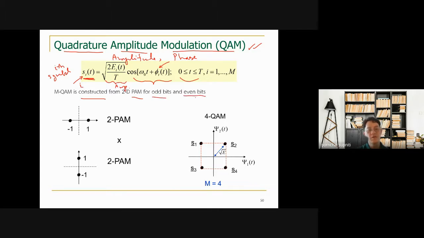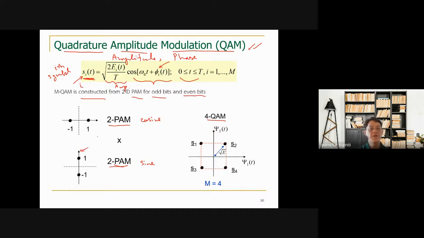That's all. So what do we do? For example, if we want to construct a 4 QAM, we construct one set of 2 PAM and modulate on cosine, and the other set of 2 PAM modulate on sine. From the last lecture, you notice that the cosine is on the horizontal axis, while the sine is on the vertical axis.